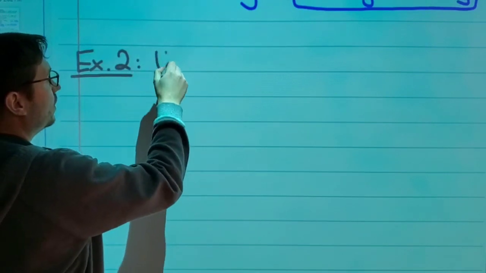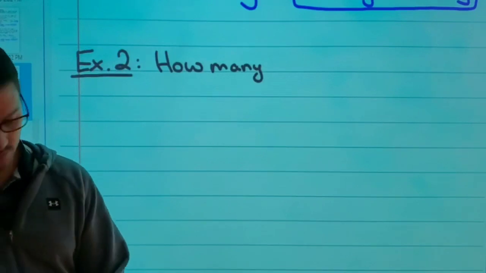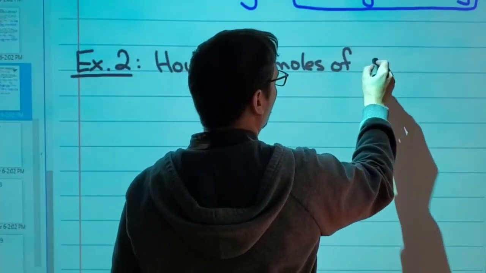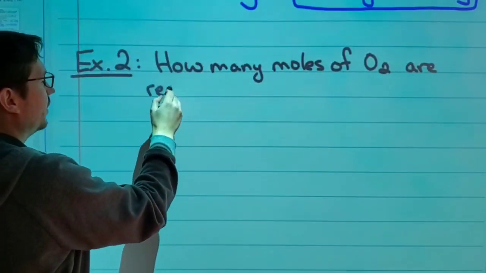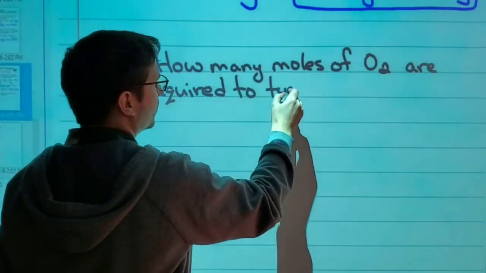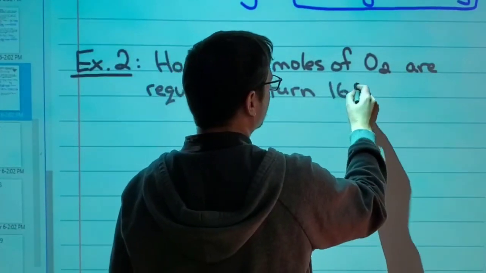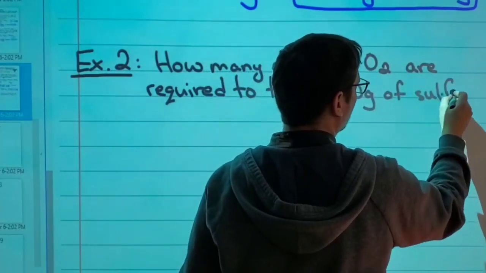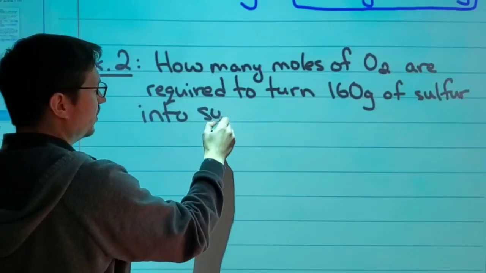So, how many moles of oxygen are required to turn 160 grams of sulfur into sulfur dioxide?